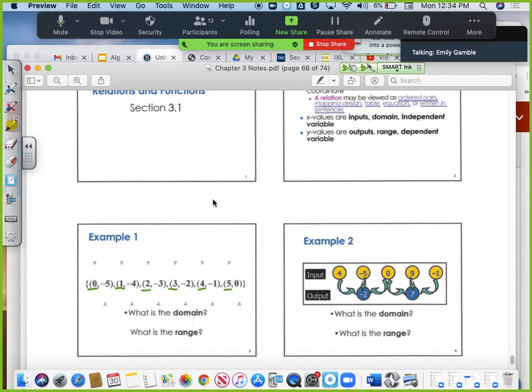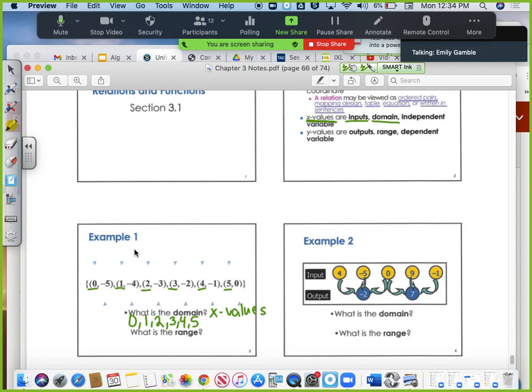The domain is a fancy way of saying x values. If you look here at this definition, x values are inputs, also known as the domain. So the domain, which are the x values, I can list them because these are all of the numbers in for x, and they are 0, 1, 2, 3, 4, and 5. You're supposed to always list these in order from least to greatest.